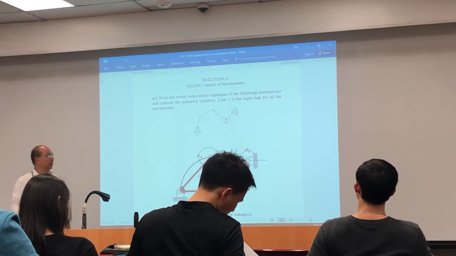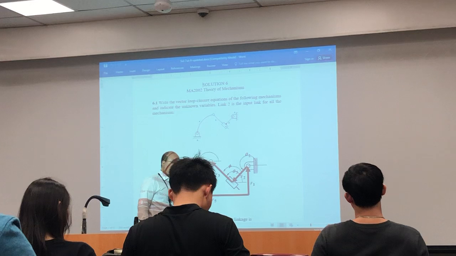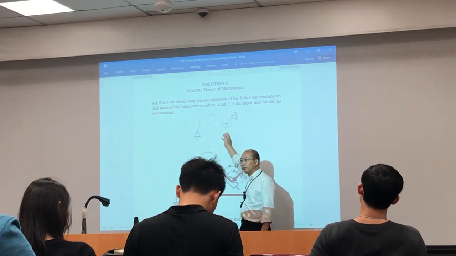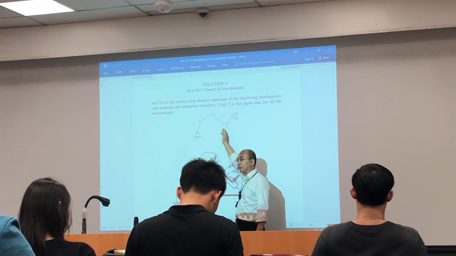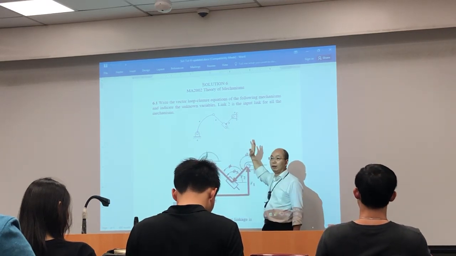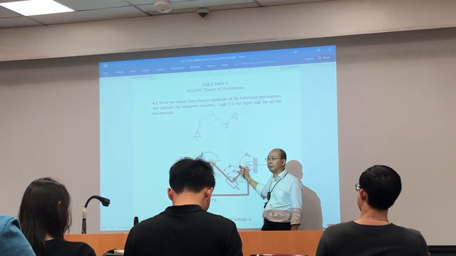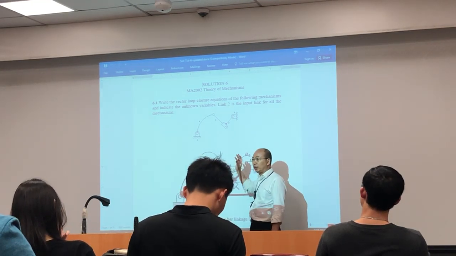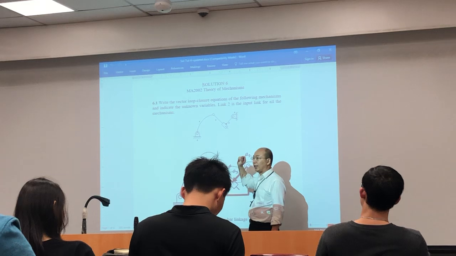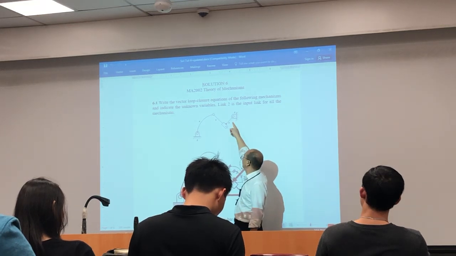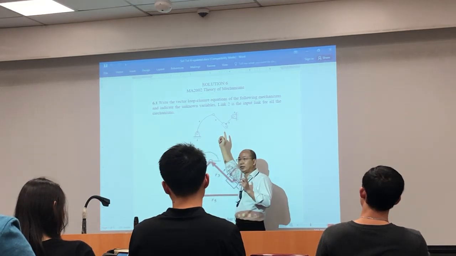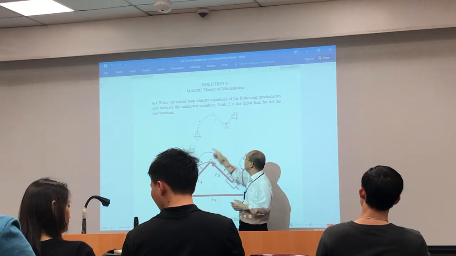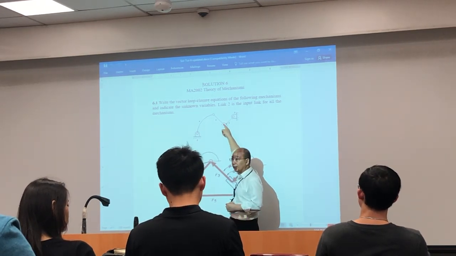Okay, so basically, the whole idea is to analyze the motion of the mechanism. We have to convert the physical mechanism into a mathematical problem, right? So how do we do that? It's quite straightforward. Basically, the idea is we try to represent every single link as a vector. So take an example, this is a link, right?